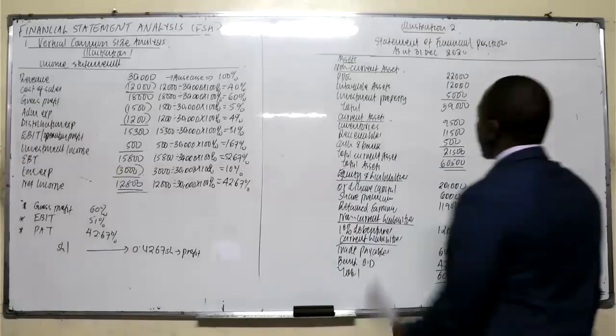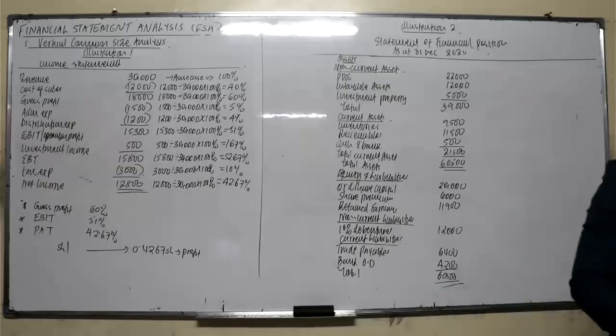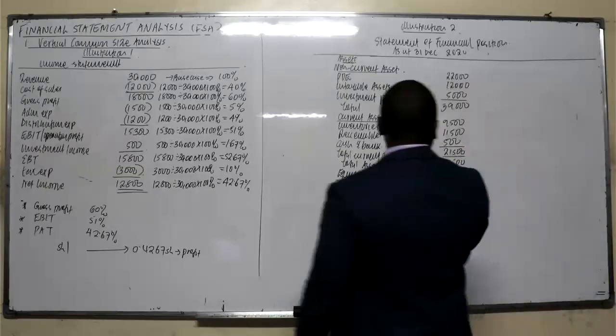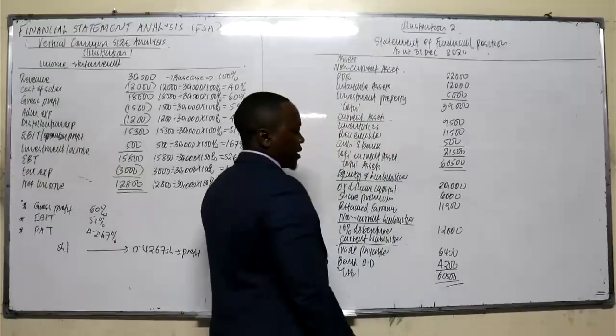Good. So that's what we have as a statement of financial position. If you are performing the common size vertical analysis for the statement of financial position, remember, what did we say will be the base case? Yeah, the total assets.